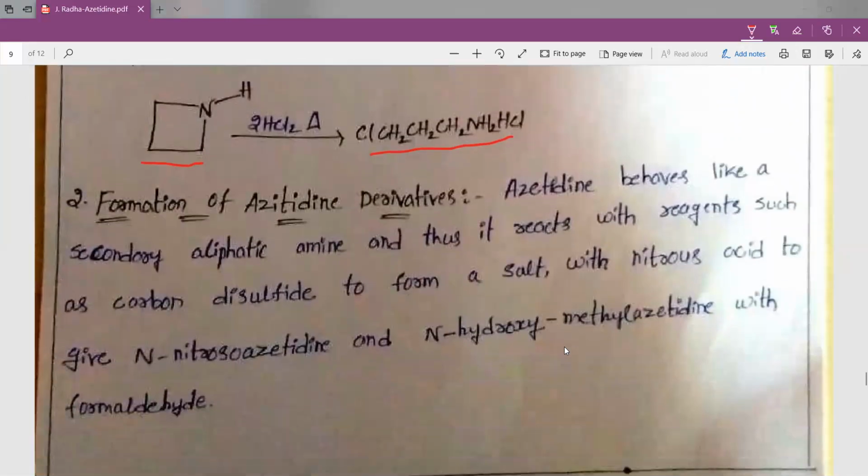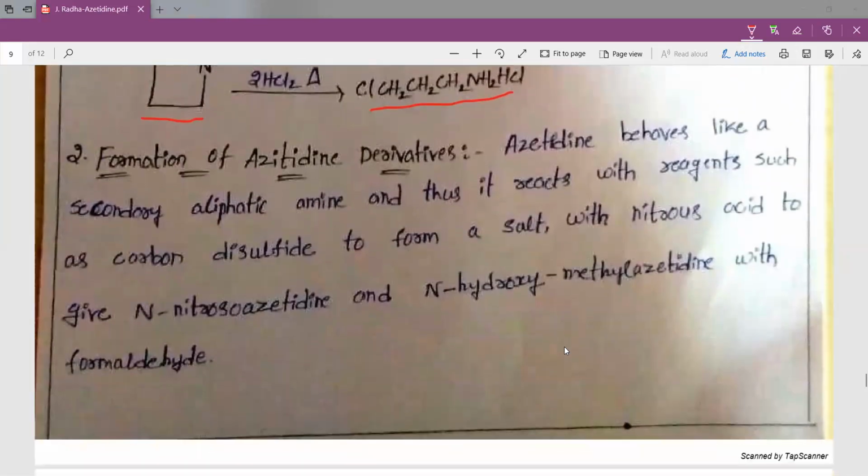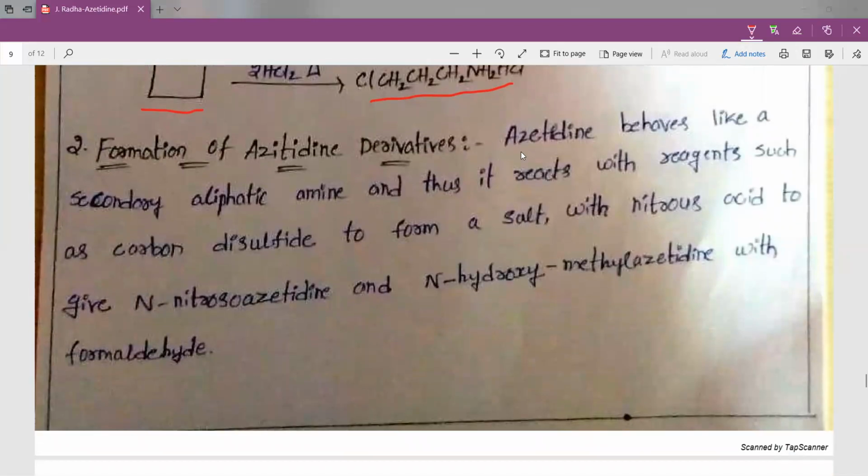Formation of azetidine derivatives. This azetidine contains NH. This NH group behaves as a secondary aliphatic amine. Therefore, azetidine undergoes certain reactions which are shown by secondary aliphatic amines.